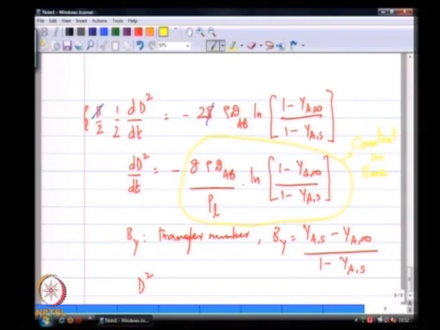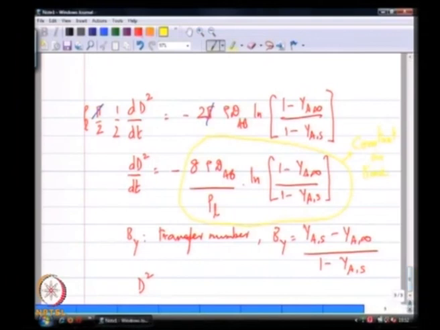Okay. So, what this is telling me, first of all, is that d squared varies linearly with time. Okay. So, if I now complete this process, I can write this as some d0 squared minus kt.